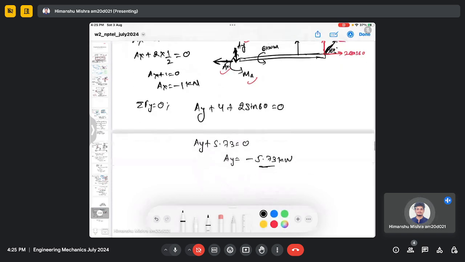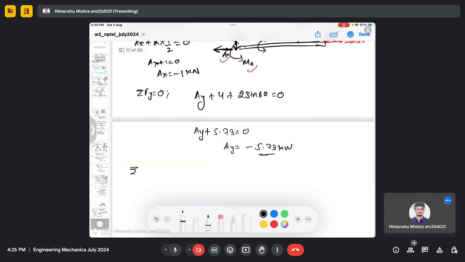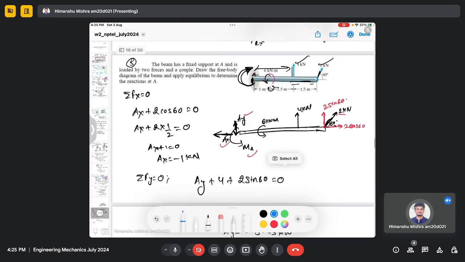Now we will do the moment balance at A, and according to the equilibrium principle, the moment at point A should be 0, and the moment is caused due to this force because it has a perpendicular distance, and by this moment.